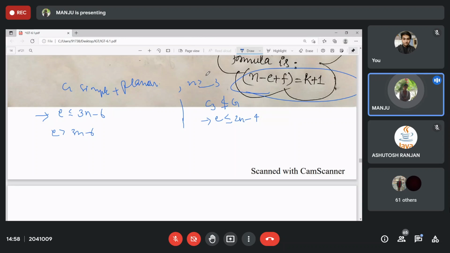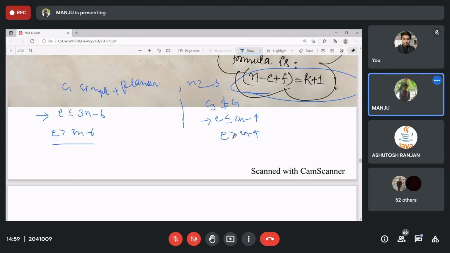Okay, so if N is greater than or equal to 3, and G is simple, then what can you conclude? G will be non-planar if this holds, right? And here, if E is strictly greater than 2n minus 4, so either this is not simple, or this is non-planar, or N is less than or equal to 2, or you can say this contains some triangles, right?